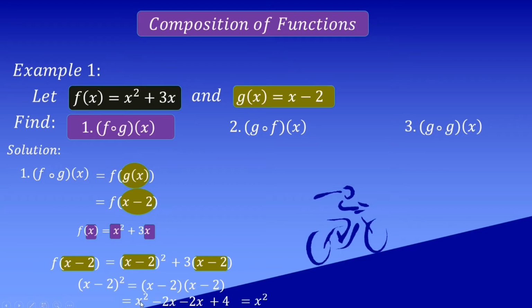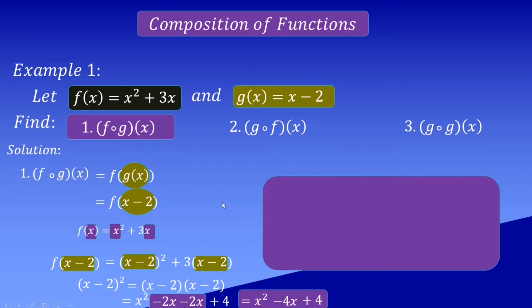Then combining like terms, copy x squared, then negative 2x plus negative 2x is negative 4x, then add 4. So the value of x minus 2 squared is x squared minus 4x plus 4. Let us rewrite f of x minus 2, that is equivalent to a quantity of x minus 2 squared plus 3 times x minus 2.